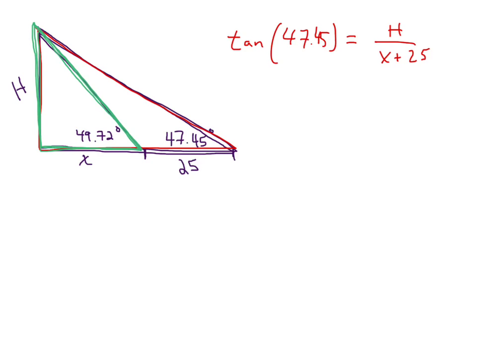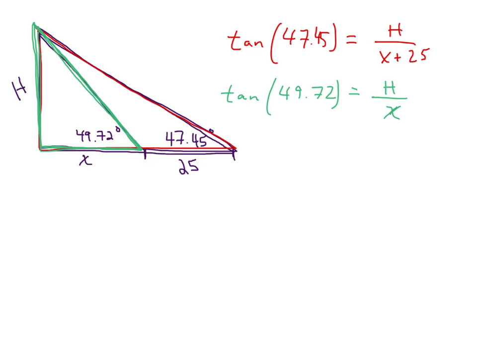So this triangle gives us a relationship of tangent of 49.72 equal to h over x. So now we have a system of equations that we can solve to find both h and x if we wanted them, but the problem only prompts us to find h.